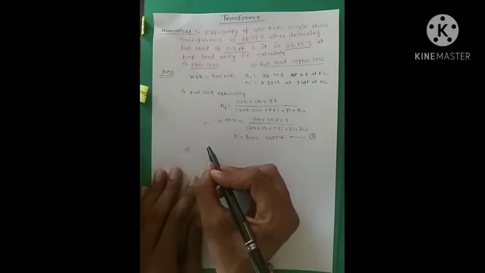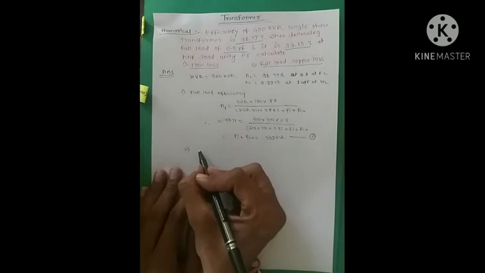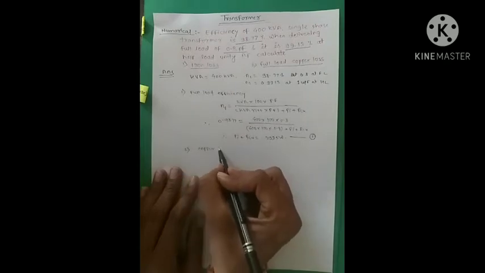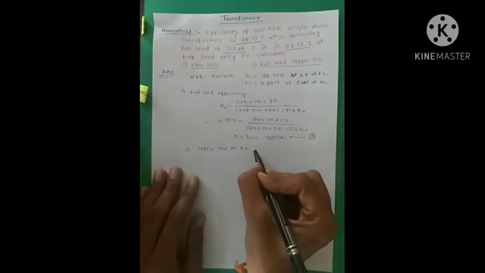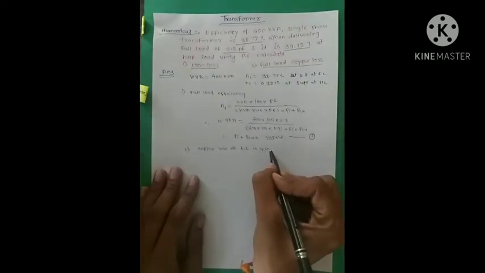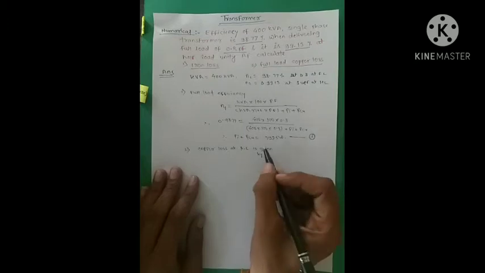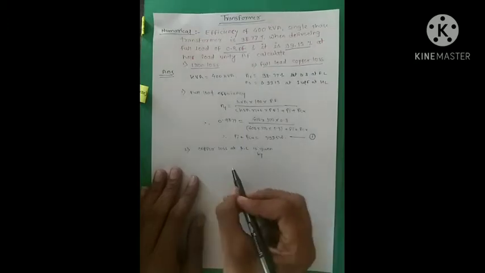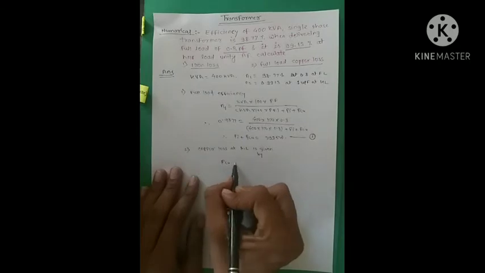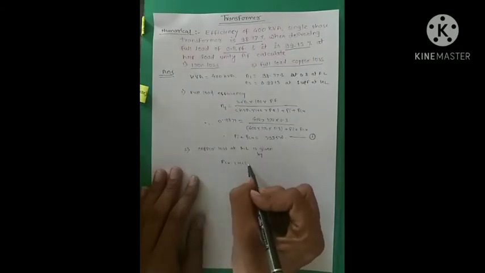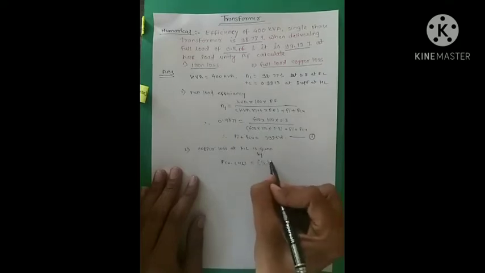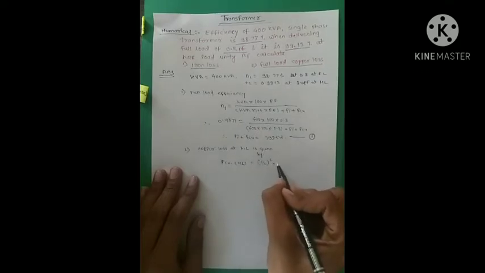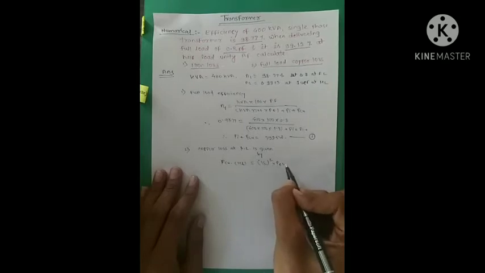So copper loss at half load is given by PCU at half load equals 1 upon 2 squared into PCU at full load.